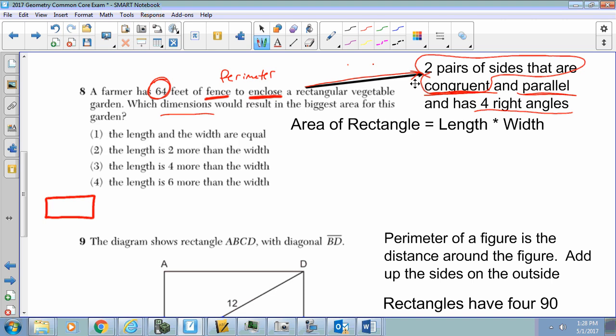Well, that means that our rectangle is actually going to be 16 and 16, right? Because that's the only way that you're going to have a perimeter of 64 and the length and width being equal.